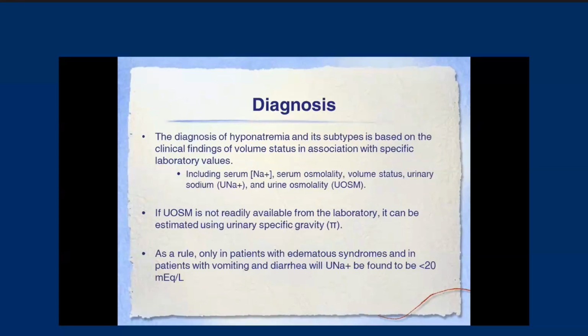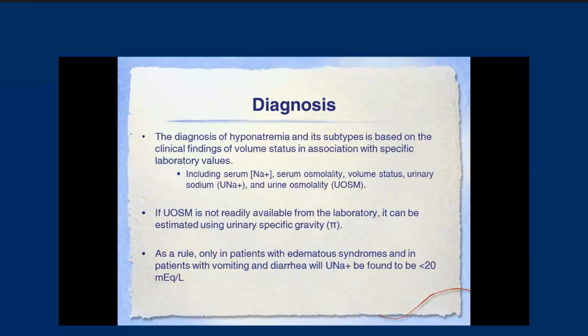As a general rule, the urine sodium will be less than 20 milliequivalents in those patients with edema-forming syndromes like heart failure or cirrhosis, or in those patients with vomiting and diarrhea. In the other group of patients where there is a loss of sodium, we usually expect the urine sodium to be greater than 20 milliequivalents per liter, which we don't determine most of the time in our setup.